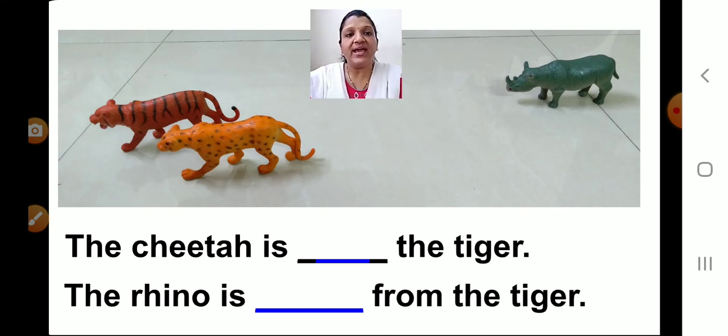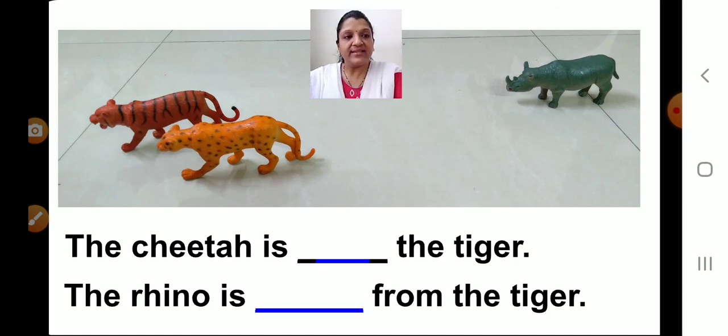And the rhino is dash from the tiger. Do you see the rhino? Where is rhino? The rhino is far from the tiger.